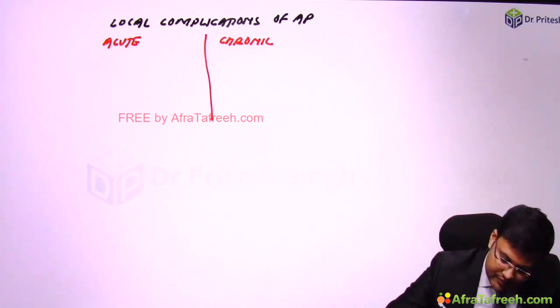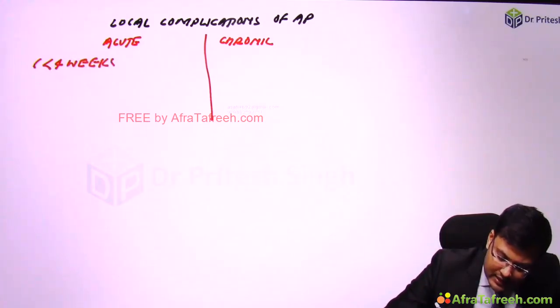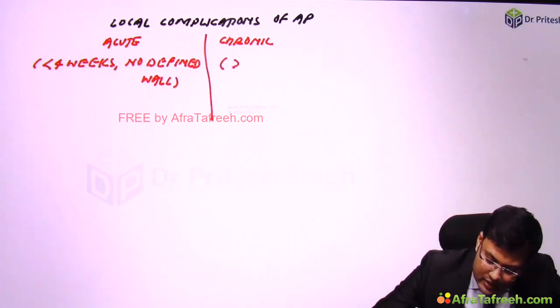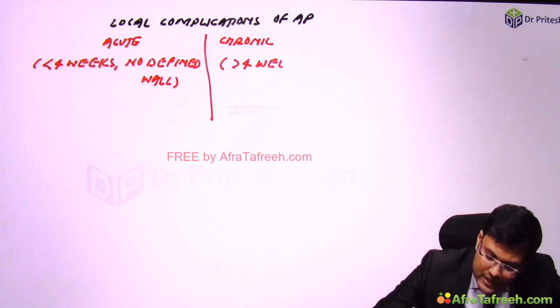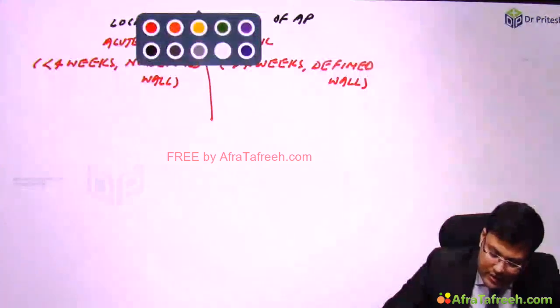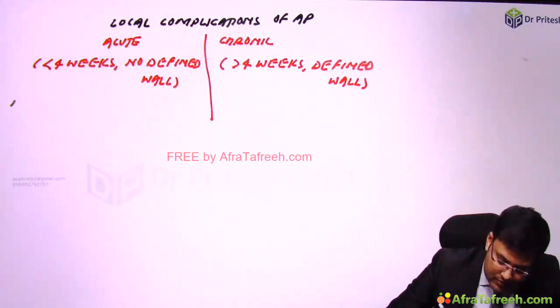So here, duration less than 4 weeks and there is no defined wall, whereas in chronic, the duration is more than 4 weeks and there is a defined wall.